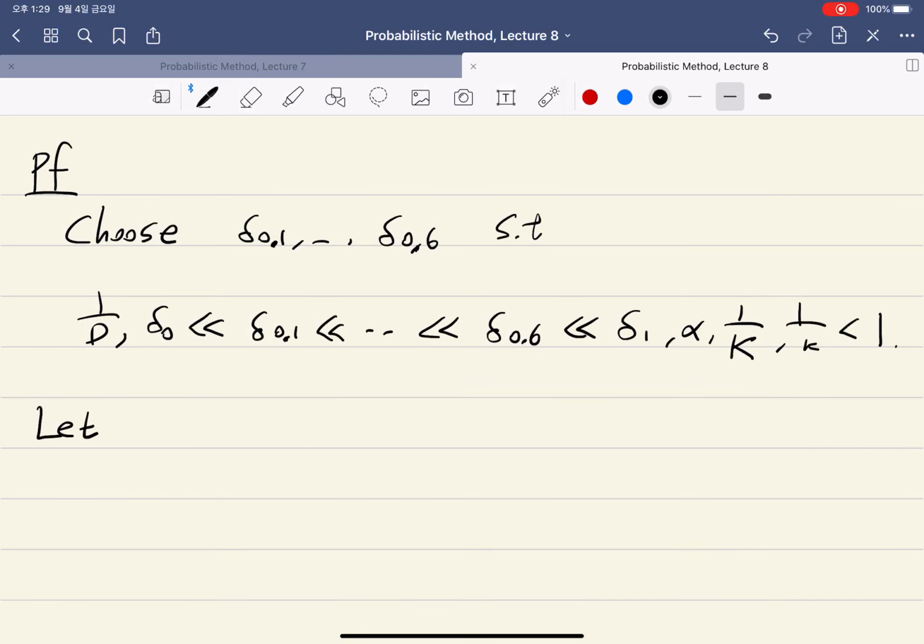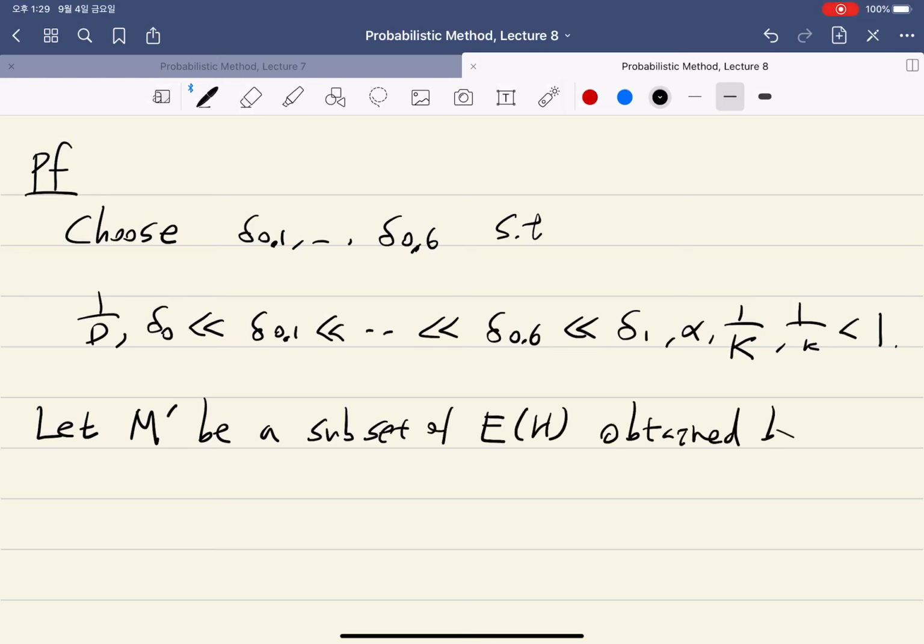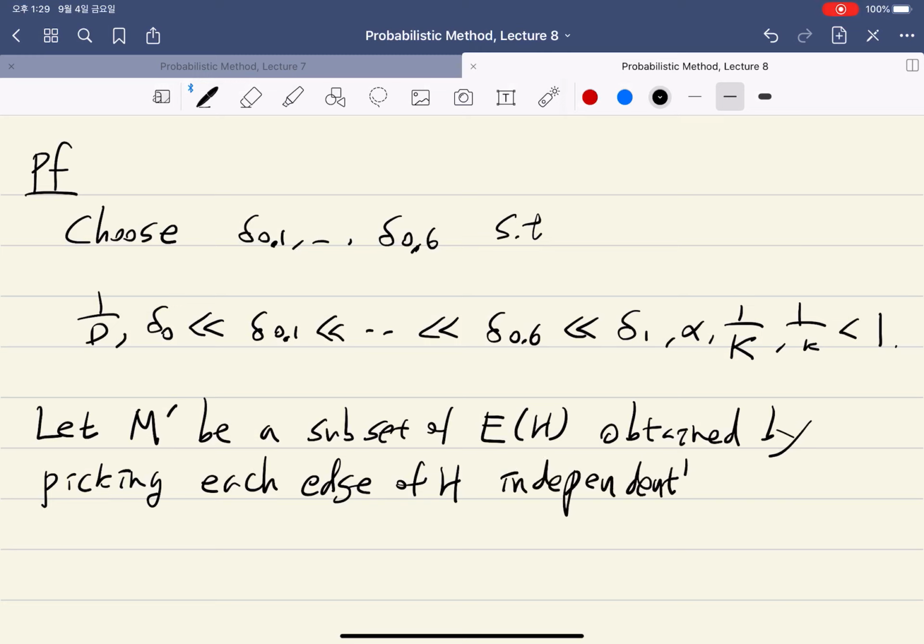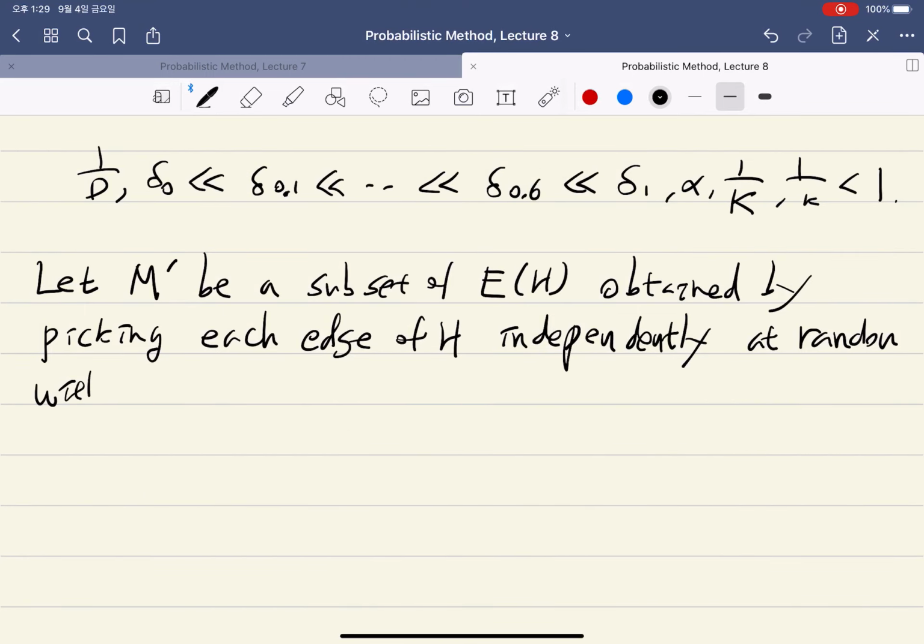And we let M prime be a subset of edges of H obtained by picking each edge of H independently at random with probability P, where P is alpha over d.